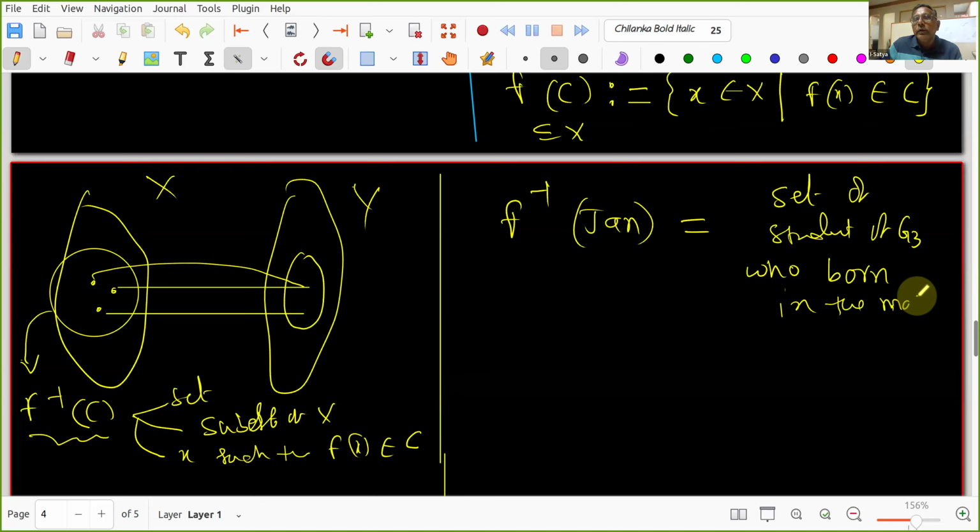So it is the set of students from G3, these are elements from the domain which are mapped to January. Students of G3 who were born in the month of January, right?